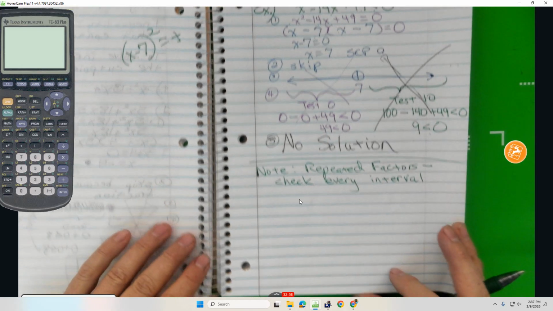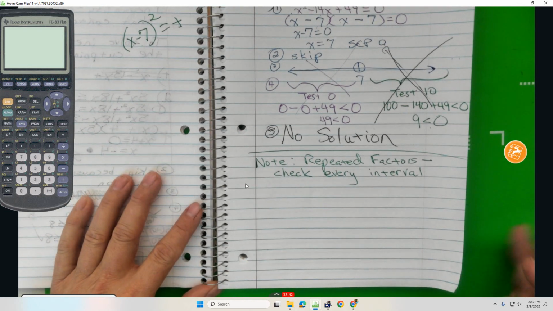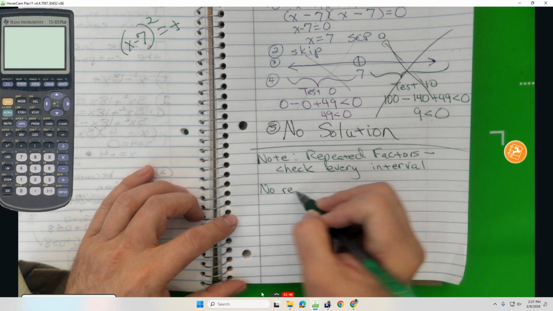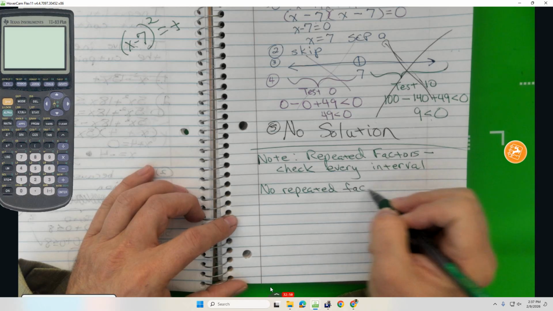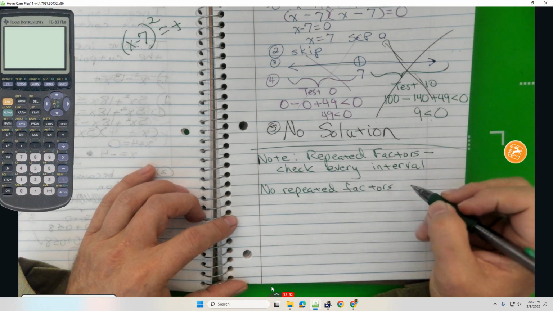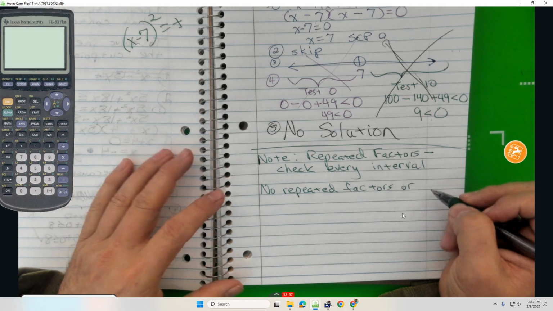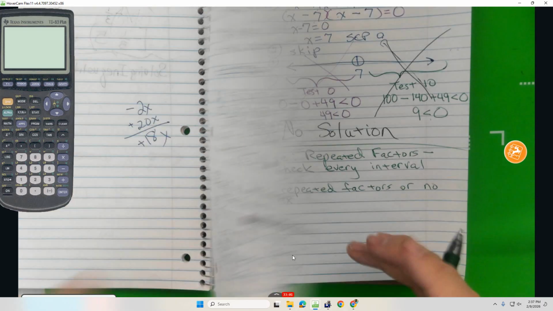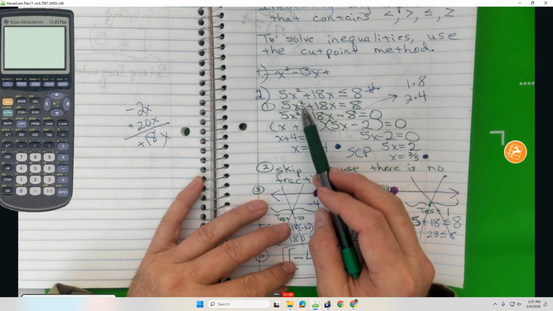If the factors are different, or if you don't have any quadratic expressions at all, I'll say no repeated factors, or no exponents. To have a quadratic expression, you had to have that x squared.